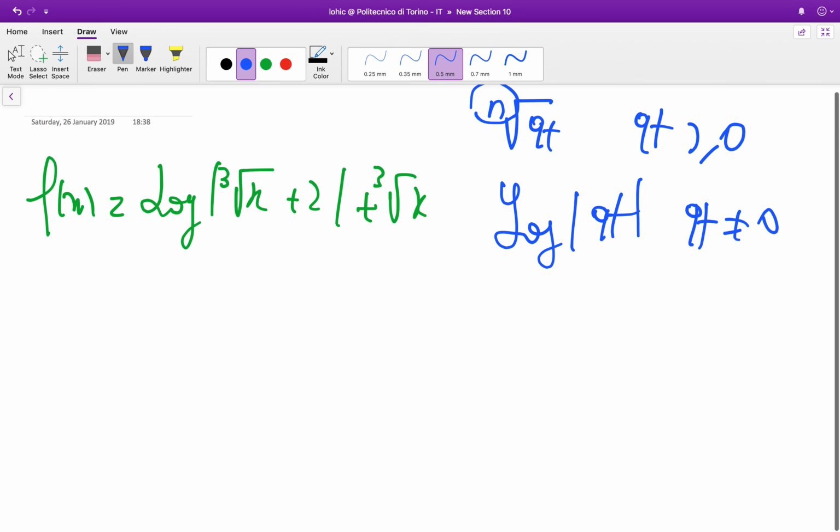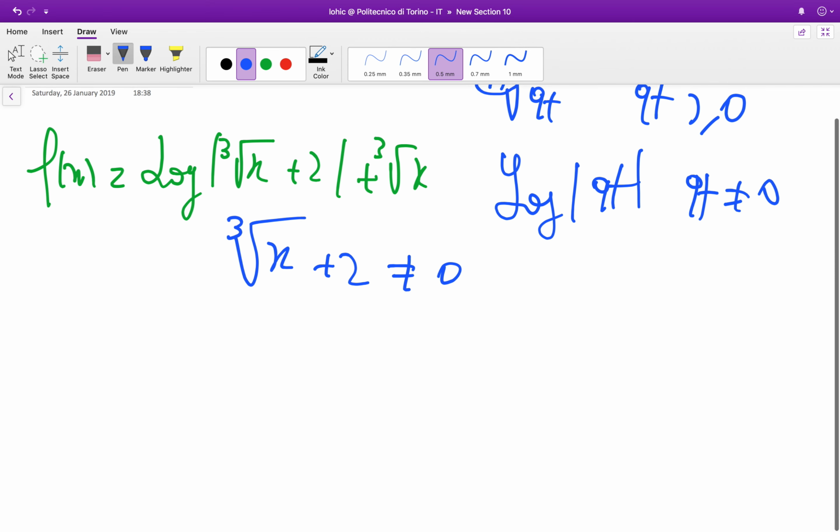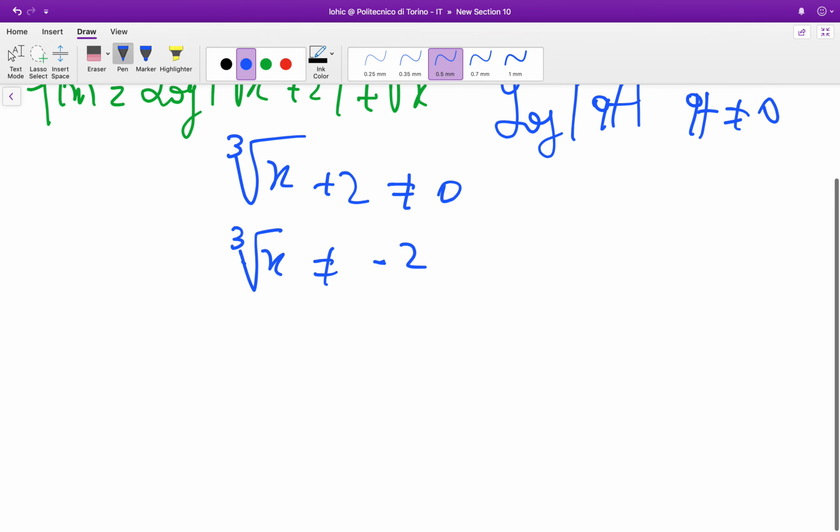If you have the logarithm of the absolute value of a quantity, then the quantity should not be equal to 0, right? So here the condition for the domain is that the cubic root of x plus 2 should not be equal to 0. So we get that the cubic root of x should not be equal to minus 2, and thus we can cube both sides.